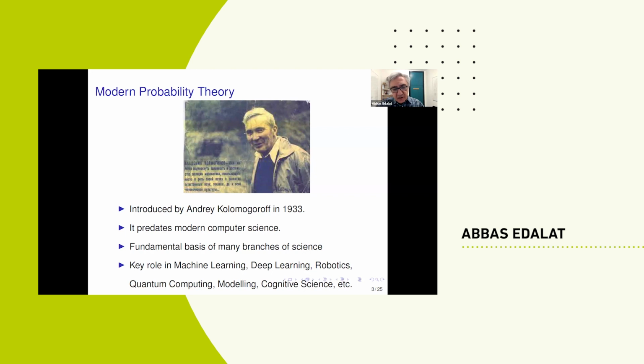In computer science, it plays a key role now in machine learning, deep learning, especially in the past 10, 15 years. Essentially, the major revolutionary breakthrough in machine learning and deep learning is based on probabilistic computation, but also in robotics, quantum computing, in all kinds of modeling, cognitive sciences, and other branches of computer science.